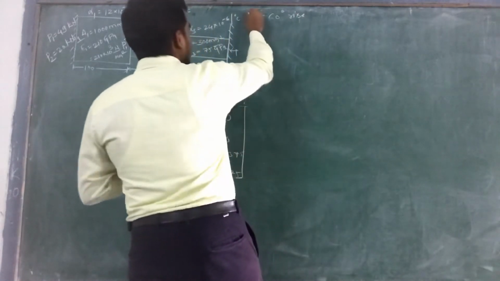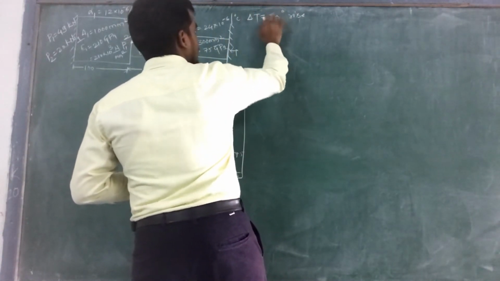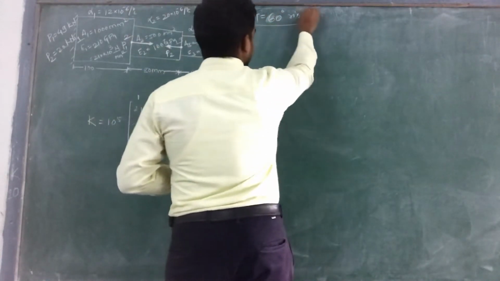here in this example this temperature rise of 60 degrees Celsius is also given. 60 degrees Celsius of temperature rise is given.